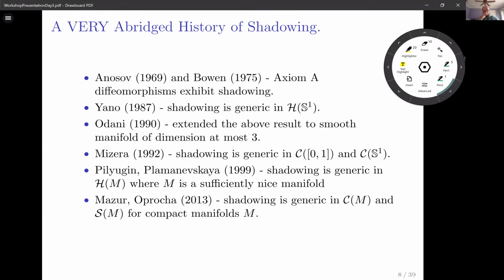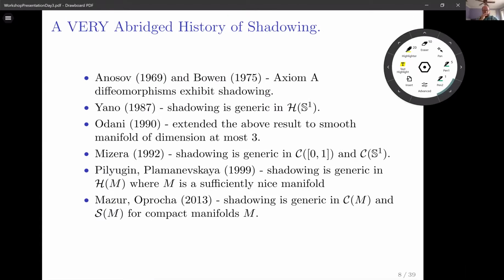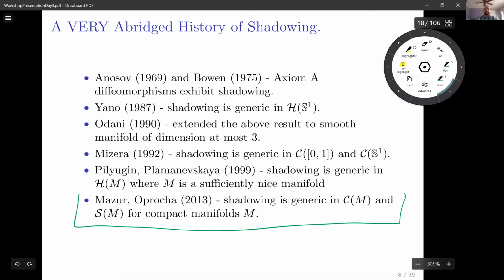In 2013, Mazur and Oprocha demonstrated that shadowing is generic in the space of continuous functions and the space of surjections for any compact manifold M. Okay. And that's where myself and a few of my colleagues have stepped in to take where we're going. So these results, the proofs are all very interesting. The proof of this last result here, we'll talk about that as we go.